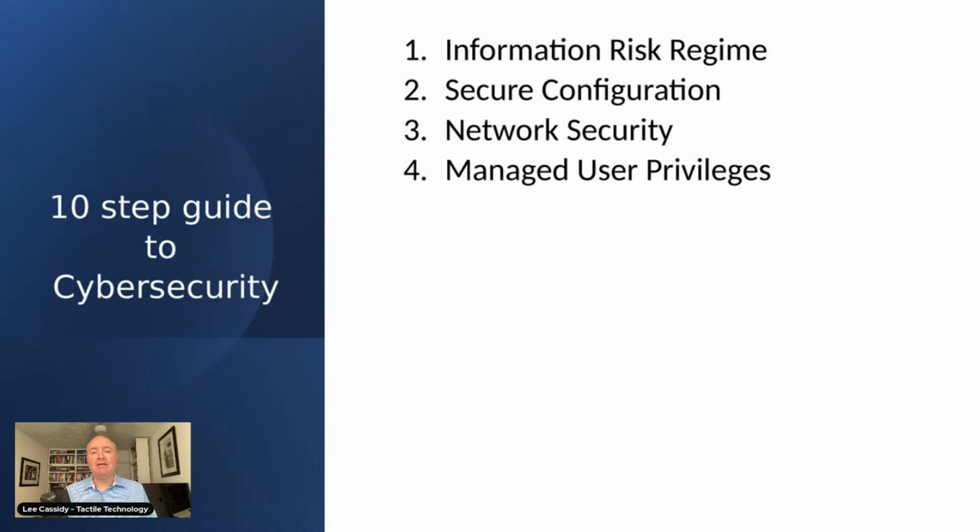Next one is managed user privileges. This is really important because if all of your users have a high level of privileges for their local machine, it's quite easy for a hacker, once they've got hold of the details of that one user, to go in and take control of that machine. It's even worse if a user also has administration privileges for your email infrastructure in Microsoft's Office 365 platform, because they can adjust things however they choose to.